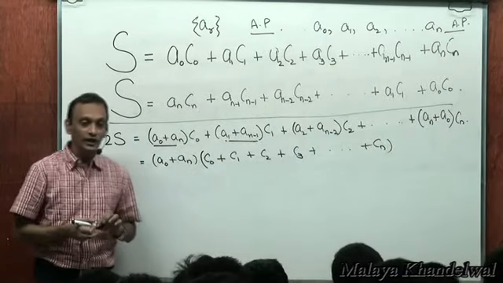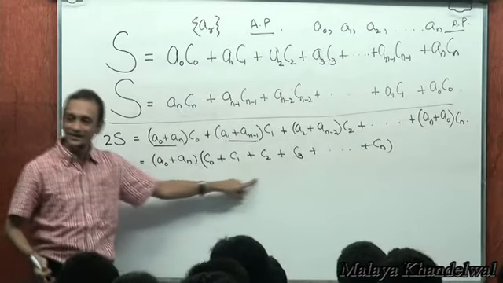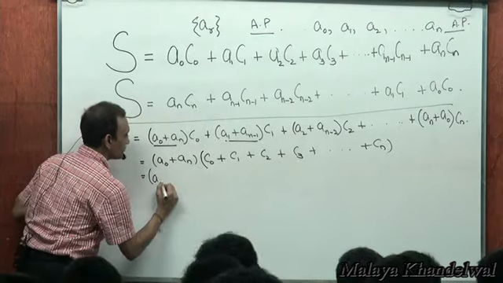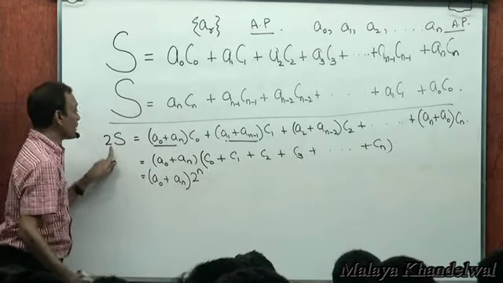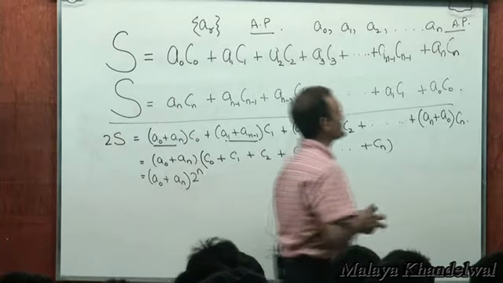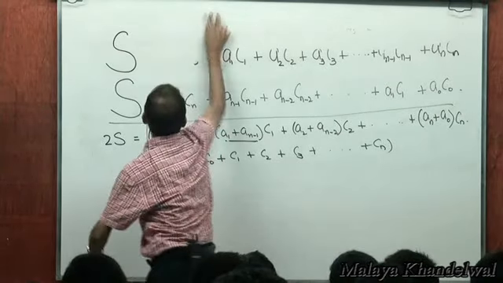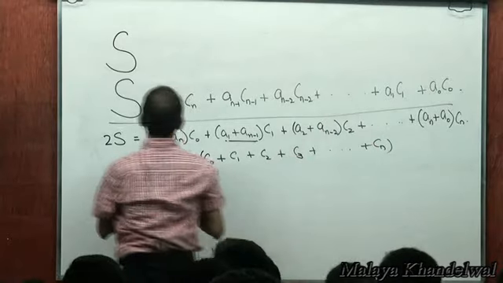Yes or no? Hey, but what's this? 2 to the power n. This is 2 to the power n. Clear? So this is like (A0 + An) 2^n, and that's twice S. So S would be half of this, isn't it? S therefore would be, 2S is this.